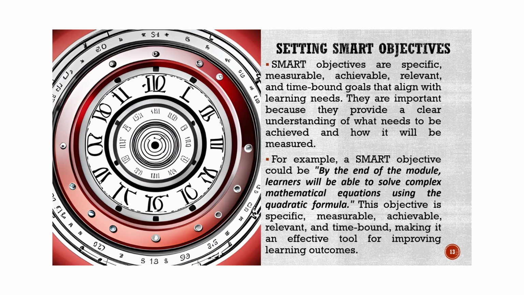For example, a SMART objective could be: by the end of the module, learners will be able to solve complex mathematical equations using the quadratic formula. This objective is specific, measurable, achievable, relevant, and time-bound, making it an effective tool for improving learning outcomes.